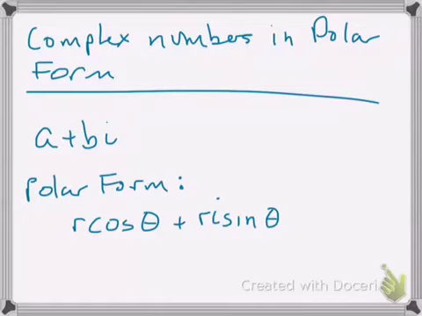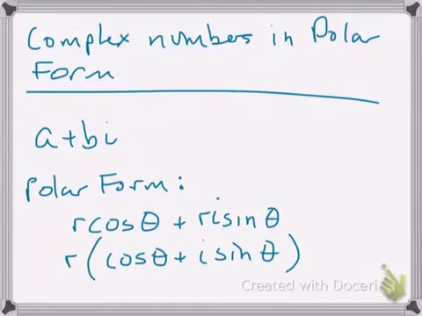And sometimes you see this written as R times the quantity cosine of theta plus i sine of theta. They'll factor out the R.